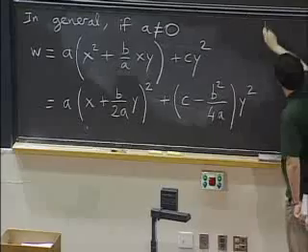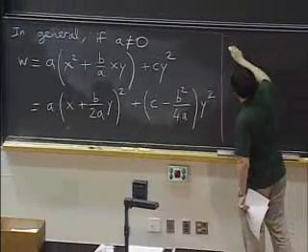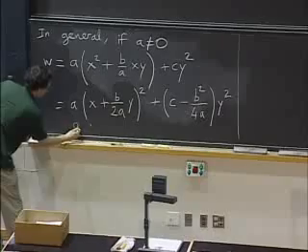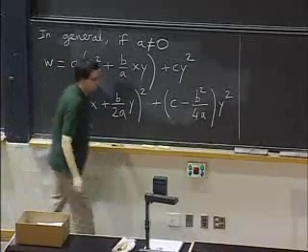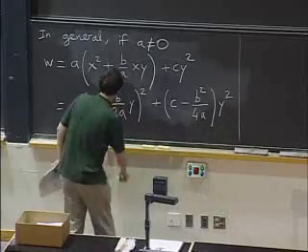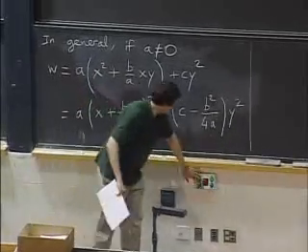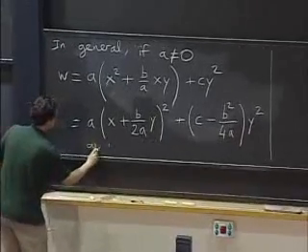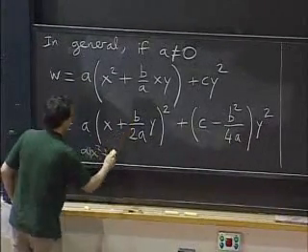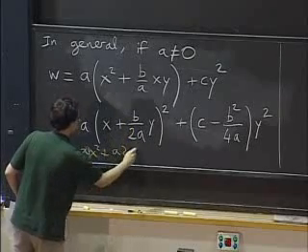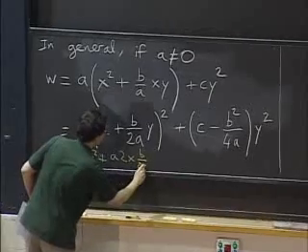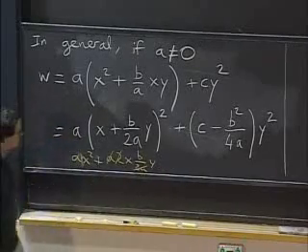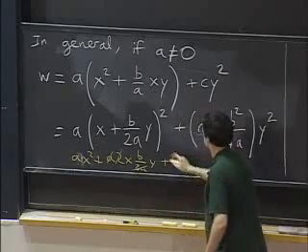Okay, maybe I'll do it just to convince you. Let me put that in a different color because you shouldn't write that down. It's just to convince you again. If you don't see it yet, let's expand this thing. We'll get a times x squared plus a times 2x b over 2a y. Well, the two a's cancel out. We get bxy plus a times the square of that.